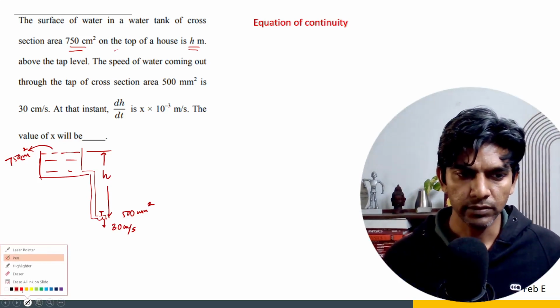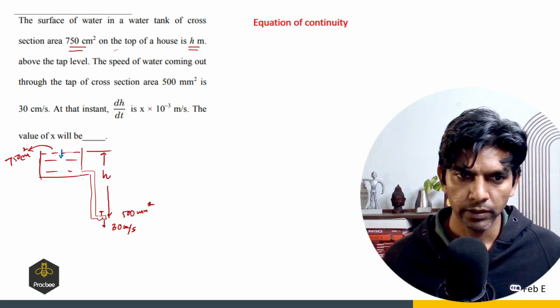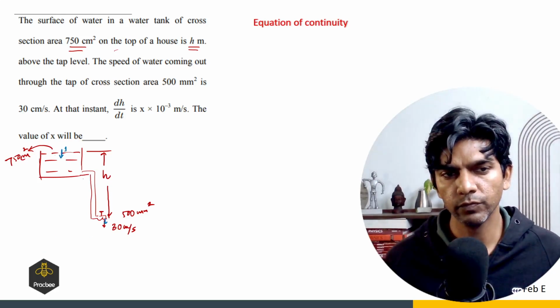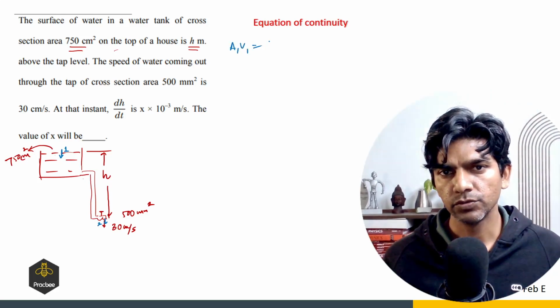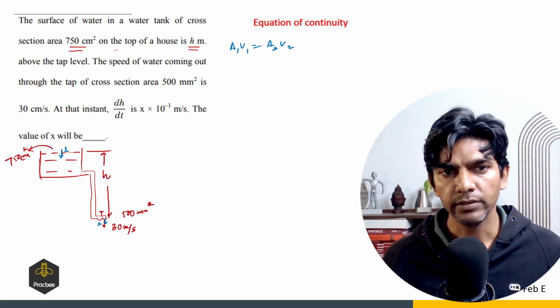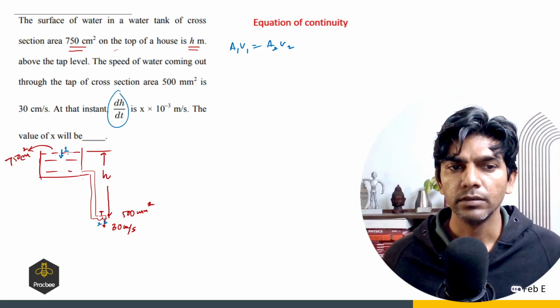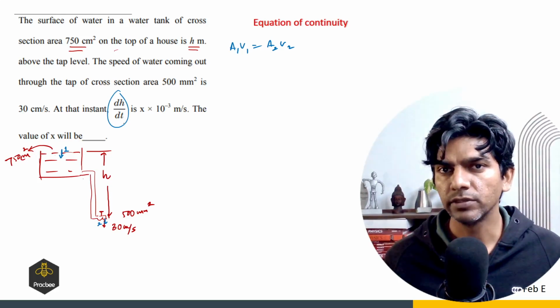So what is happening in this case? This level is going down and water is coming out, right? So we can apply the equation of continuity between 1 and 2. So A1 V1 is equal to A2 V2, and this dH by dt is nothing but the speed of the free surface, right? The rate at which the H is decreasing, that is the speed of the free surface.